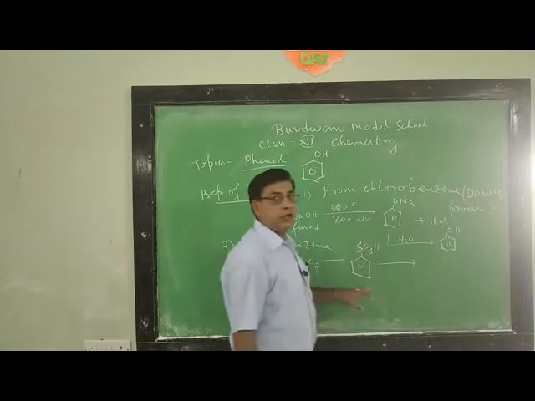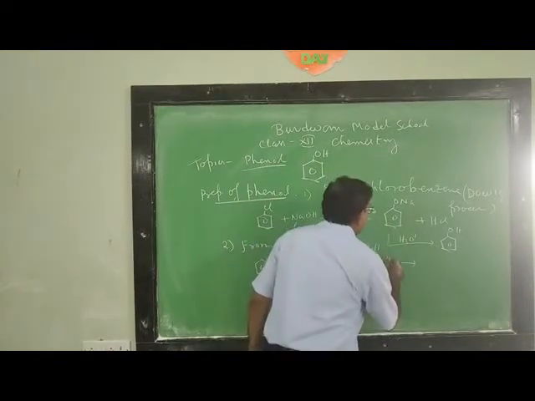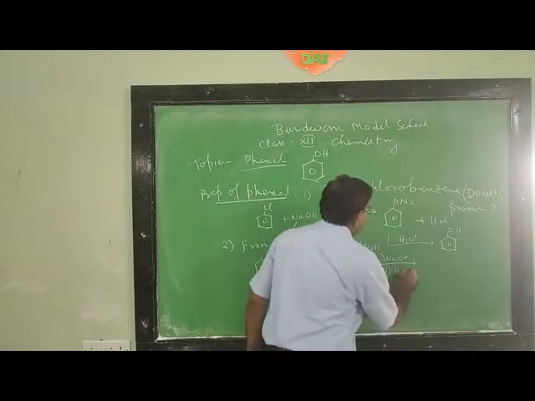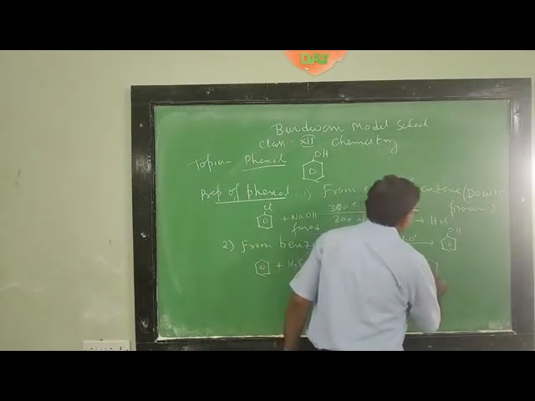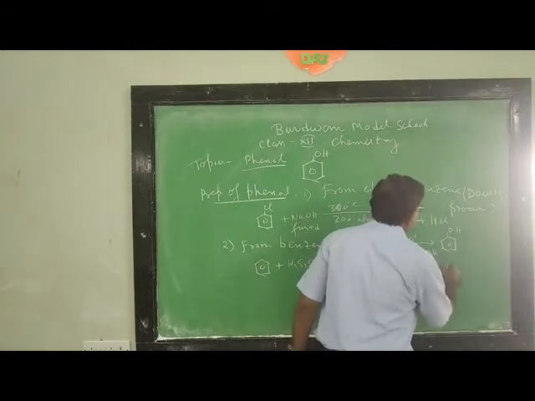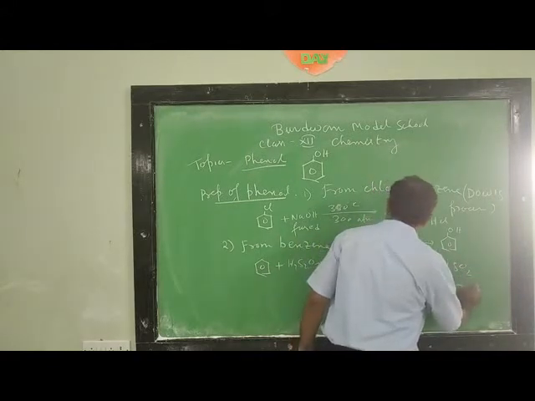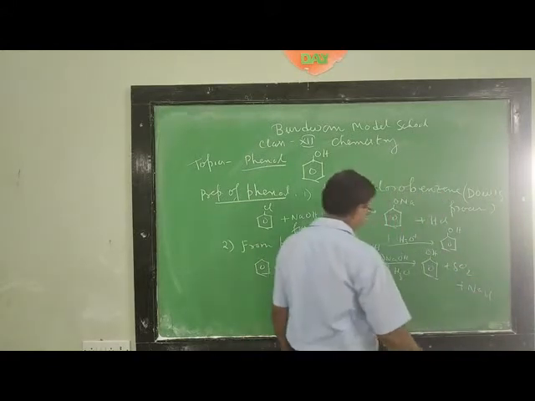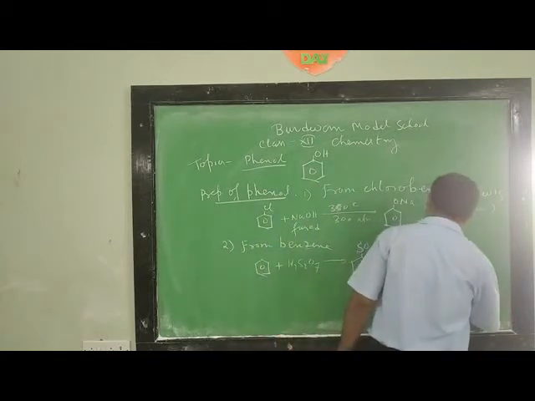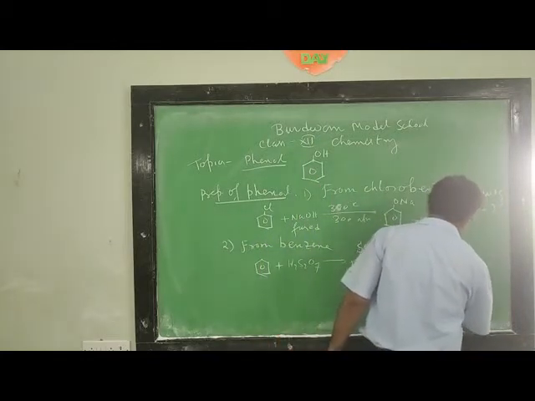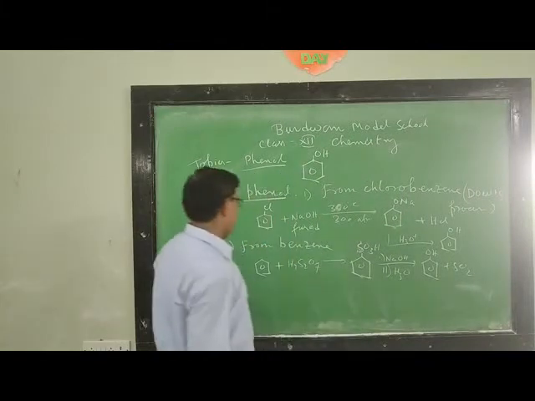This benzene sulphonic acid, when treated with NaOH and then hydrolysed, forms phenol plus Na2SO3 plus H2O.